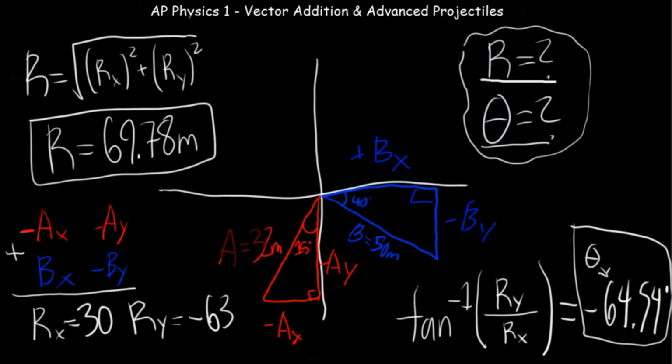So going back to the original problem, we're first going this way, 15 degrees west to south, and we're going this way, 40 degrees south of east. This is where you initially started.